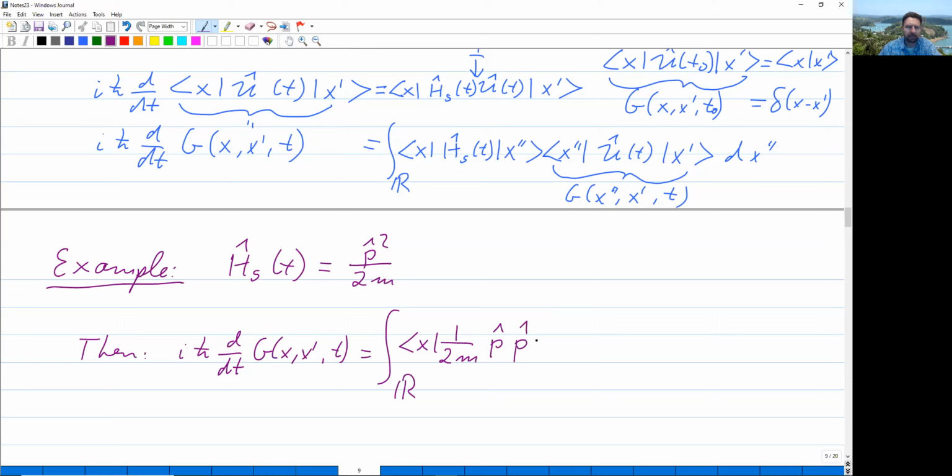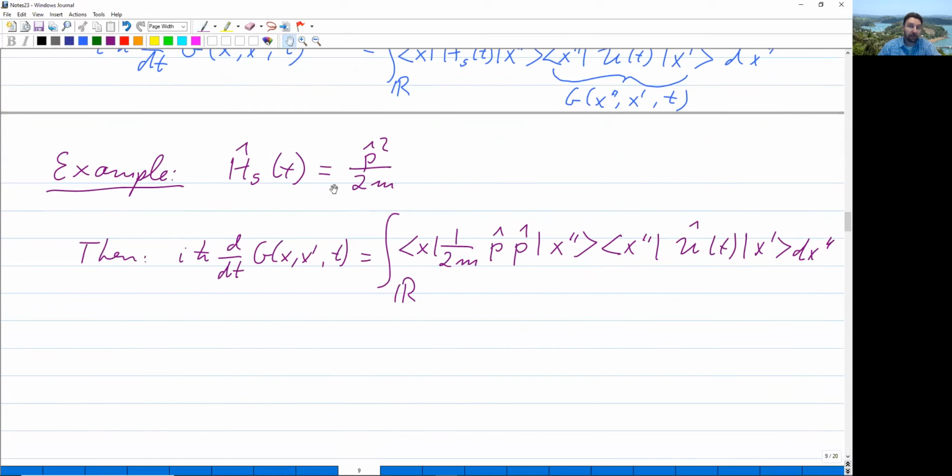Let me just write it like this for a moment. And then we have x double prime, right? We're over here. It just filled in what the H hat is. And then we have x double prime u hat of t, x prime dx double prime.